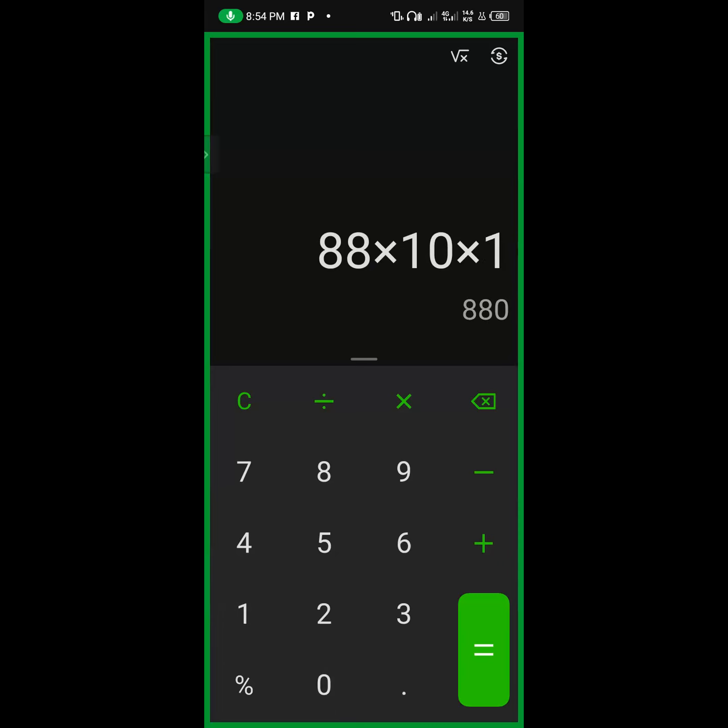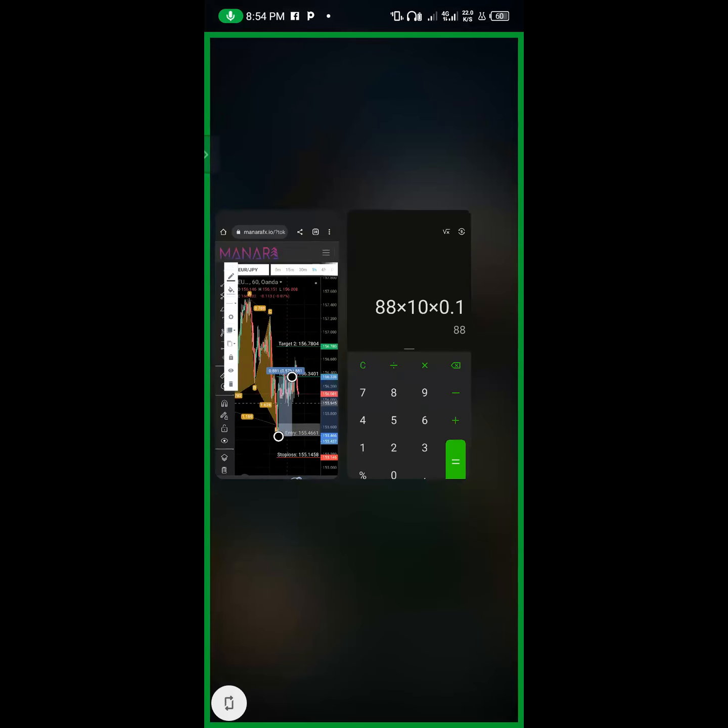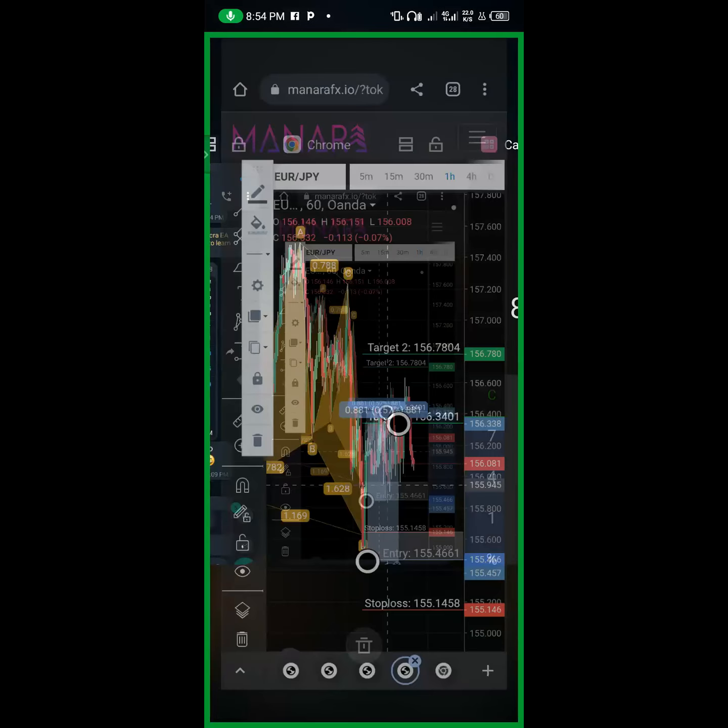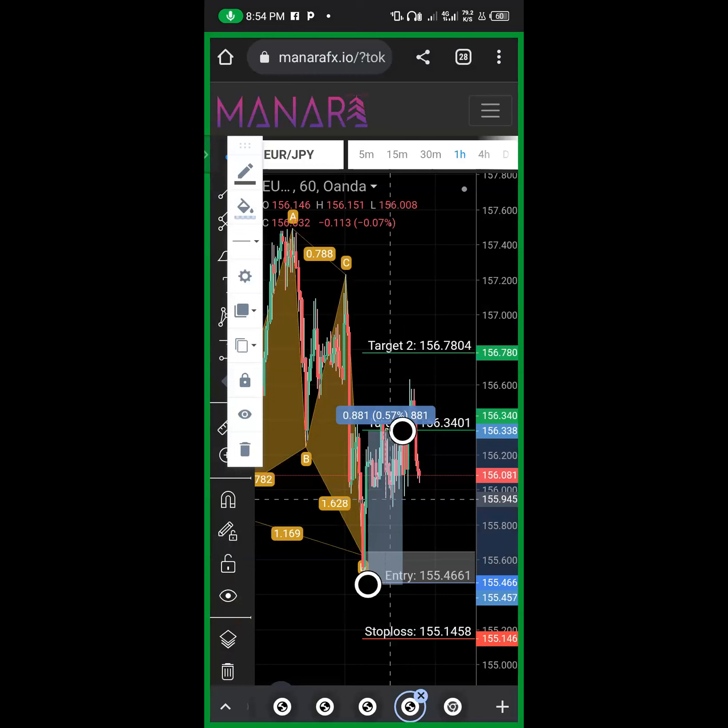Sorry, yes, 0.1. That would have been $88. So if you are using 0.1, you would have made $88 on this setup alone. Remember, it was on a Thursday, and this was the first setup I sent. You could have made $88 on this alone from Manara.